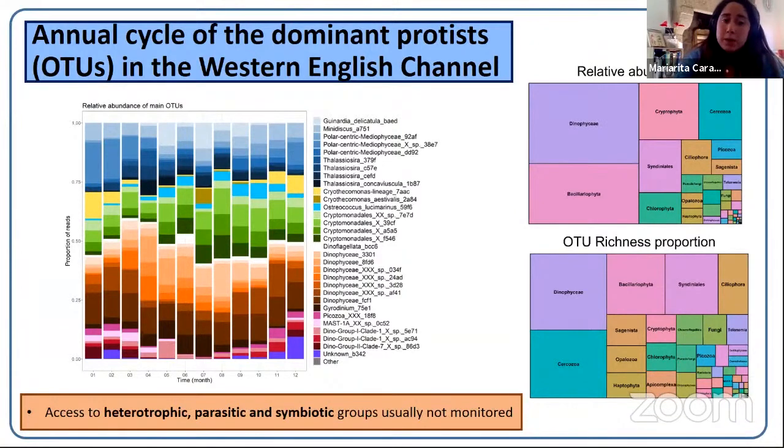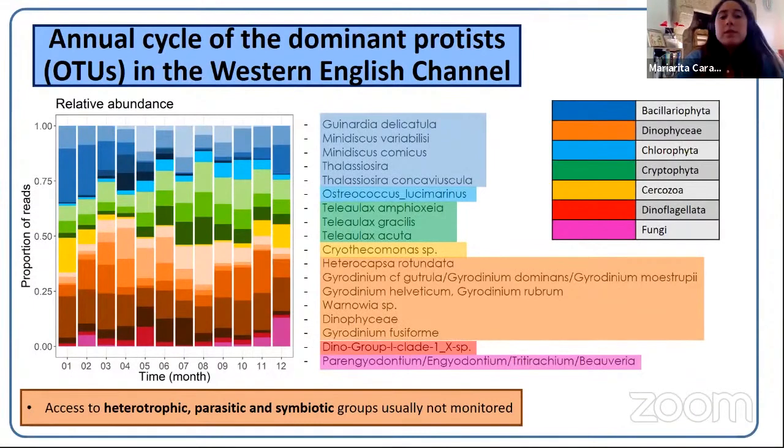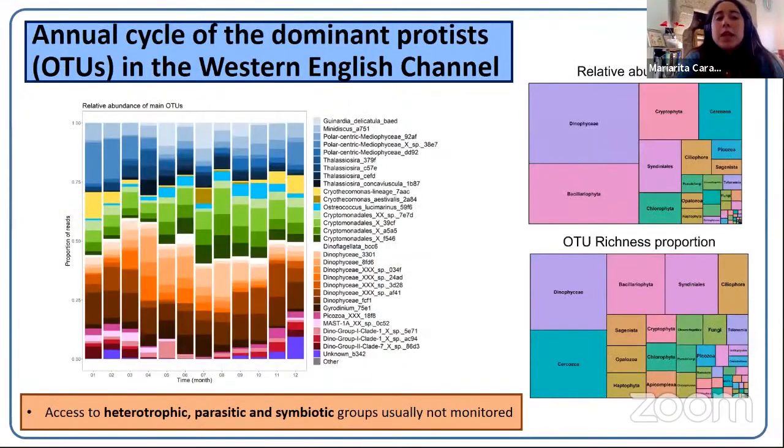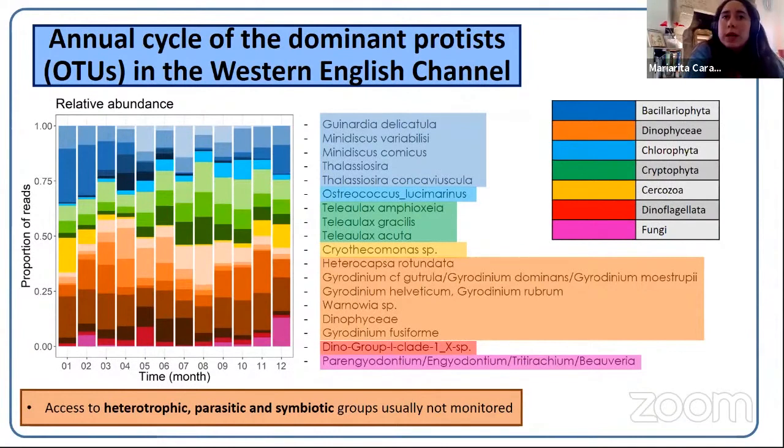But the biggest problem that we have with metabarcoding is about the assignation. As you can see in my slide, most of the names of some of the most important groups are not clear, because when we use databases, not always can we arrive at a good assignation.